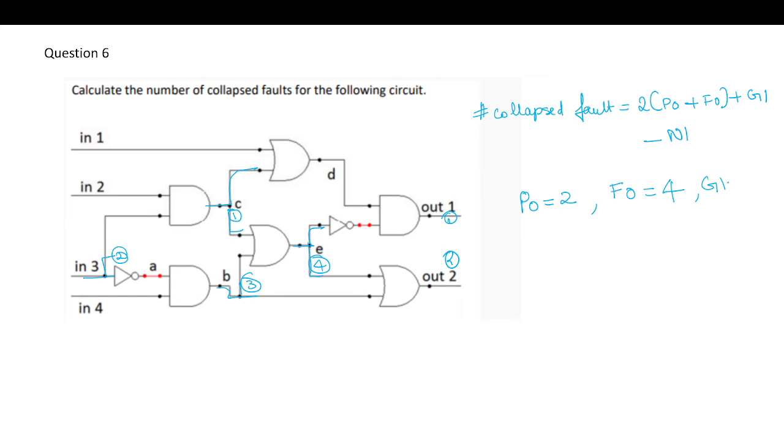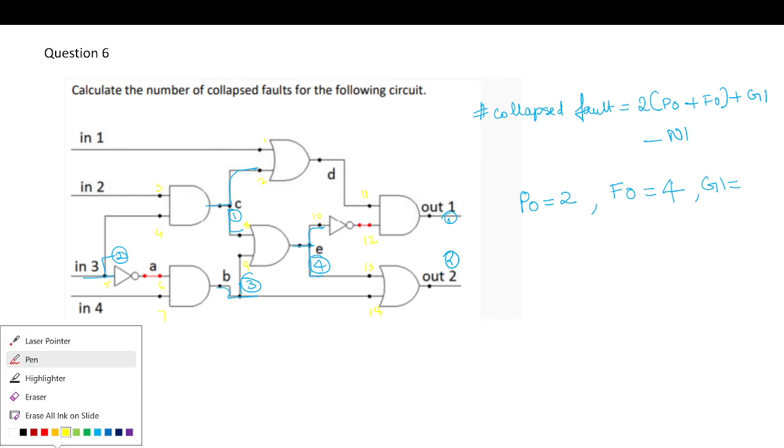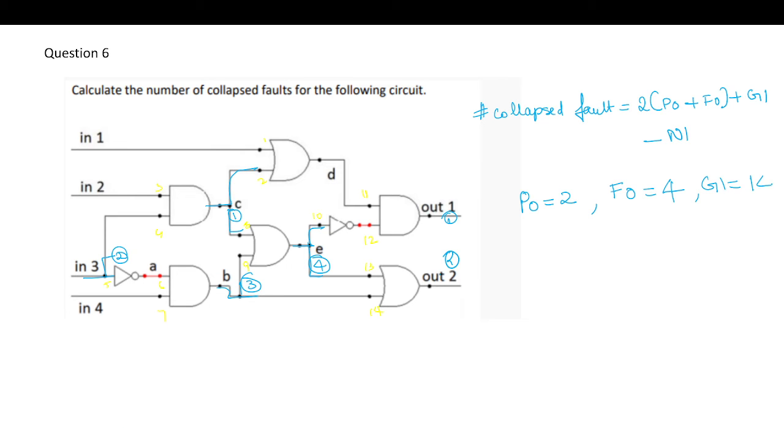Next, what is the gate input? Take circles: 1, 2, 3, 4, 5, 6, 7, 8, 9, 10, 11, 12, 13, 14. So 14 inputs, and the number of inverters is 2, 1 and 2.